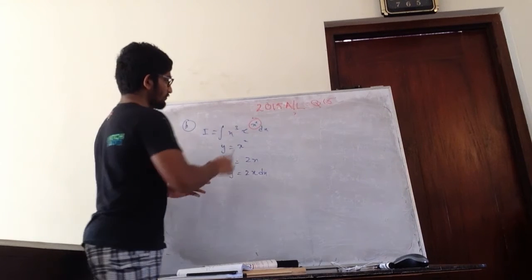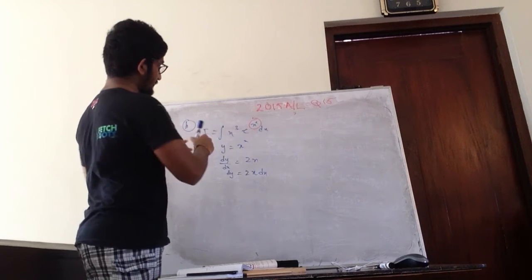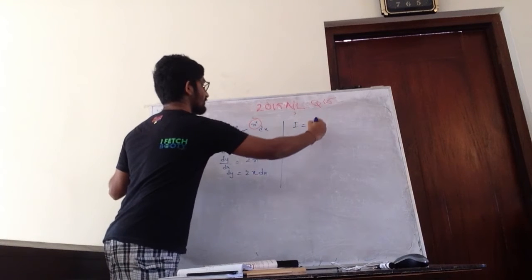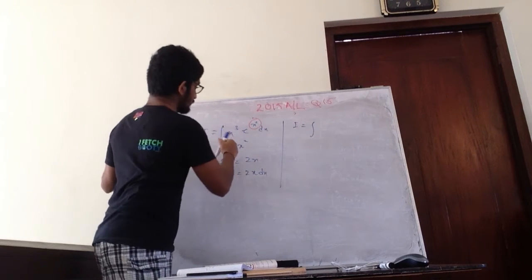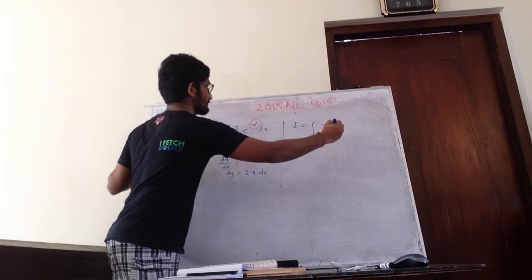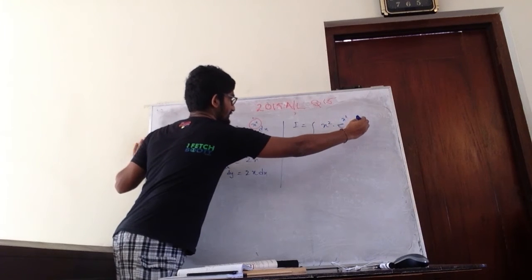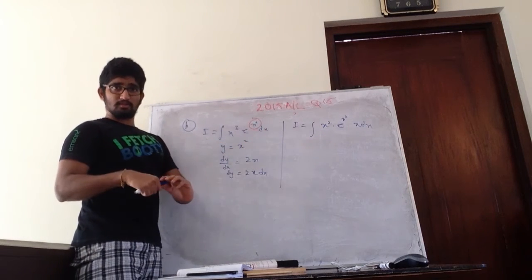So now if you try to write this down, the limit is not given, so I am going to write this as the integration of x squared e to the x squared x dx. No problem, right?